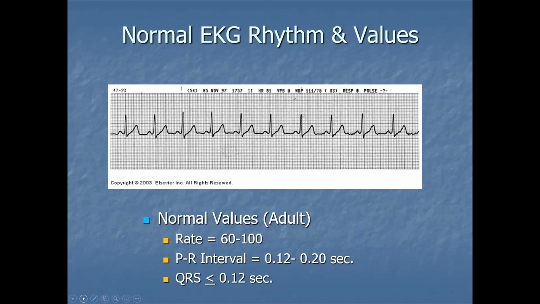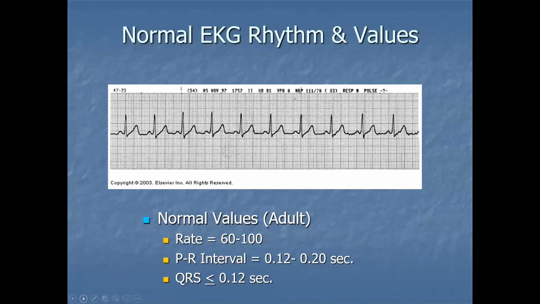These 60 to 100 values are guidelines, so keep that in mind. Likewise, if the patient normally runs around 90 and now they're 105, technically they're tachycardic, but they may have just gone up a flight of stairs. They might have just gotten off an aggravating Zoom or phone call, whatever the case may be.